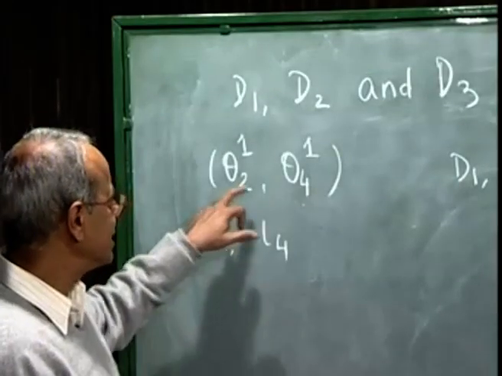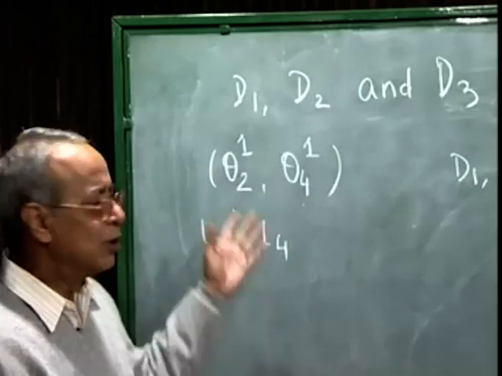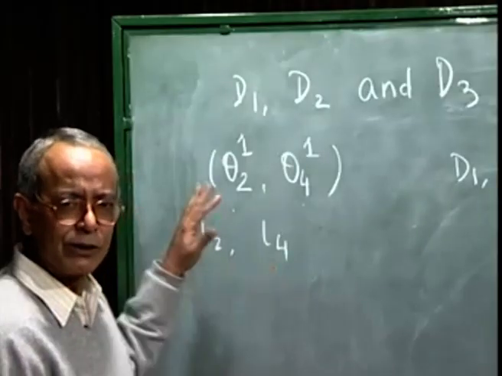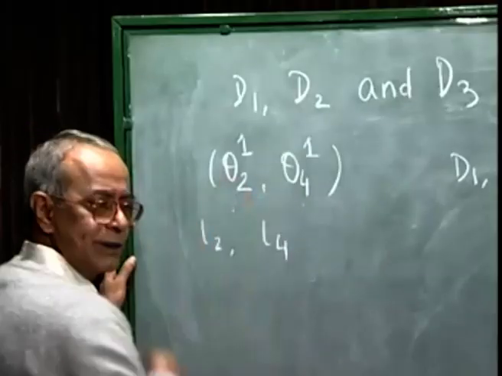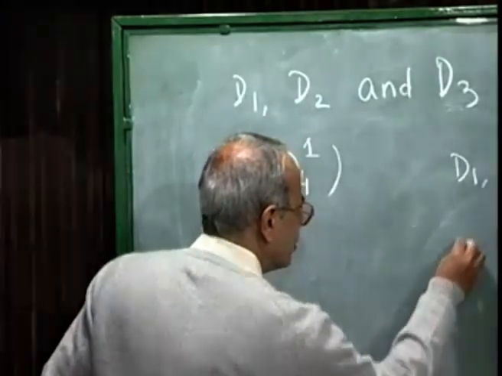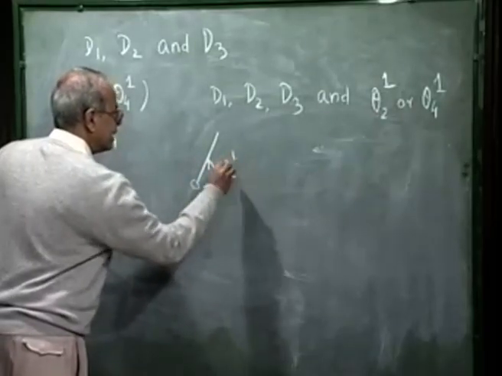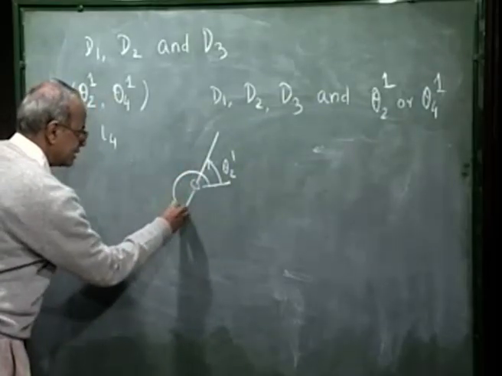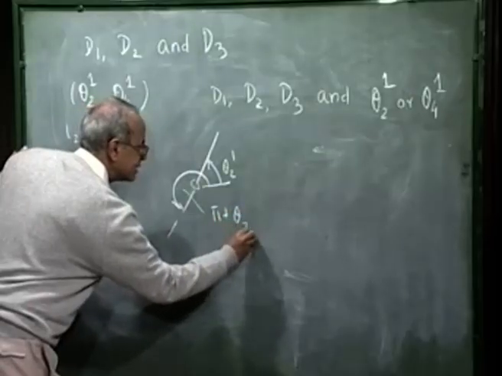Because we are assuming this theta 2 1 and theta 4 1 arbitrarily, there cannot be any solution with those values if L2 and L4 turn out to be negative, but the solution will be available if we add pi to these terms. That means L2 negative means for theta 2 1 I have to take this angle which is pi plus this theta 2 1.